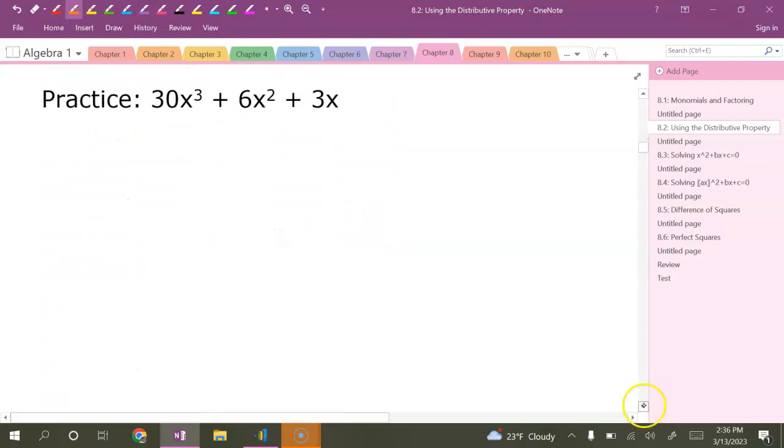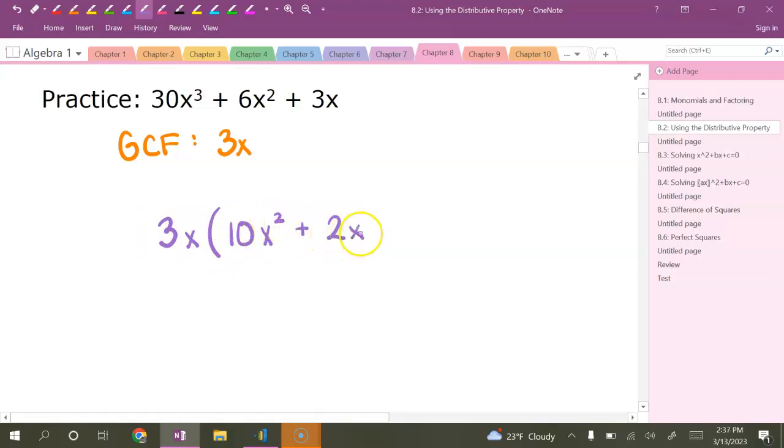For the next one, again, starting by finding your GCF, for this one it should have been a 3x. So 3x goes out front, and you were left with 10x squared plus 2x.